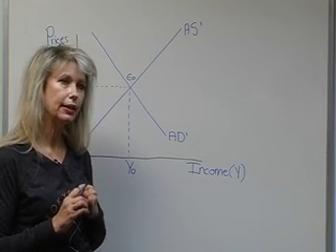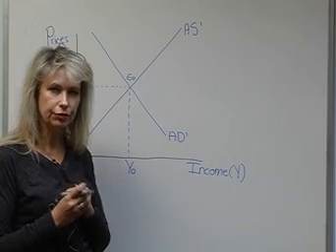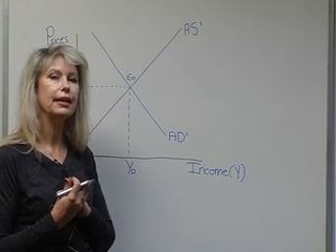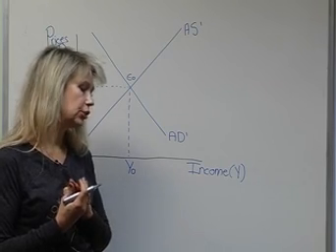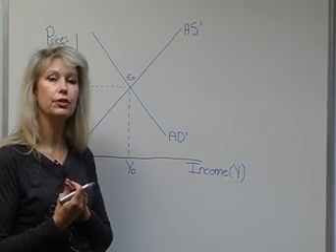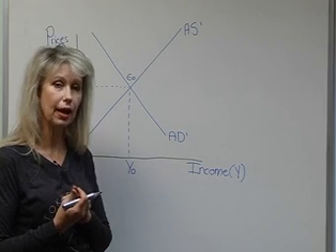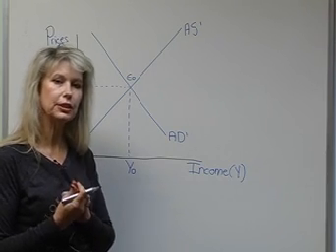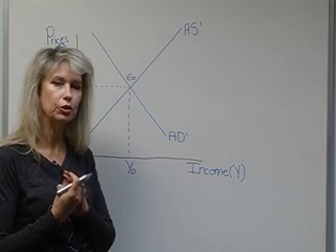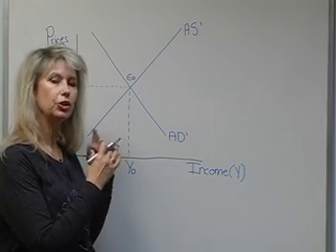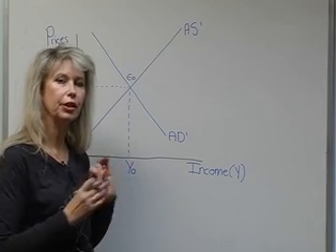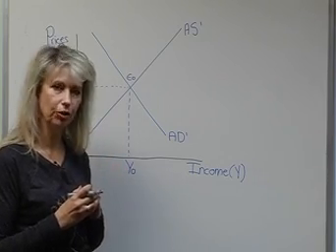Table 19.1 shows how all different variables will affect the aggregate demand curve, and Table 19.2 shows how all different variables will affect the aggregate supply curve. So it's very important that you know those 2 tables off by heart. Then you will not make a mistake when you're answering questions concerning the aggregate demand, aggregate supply model.